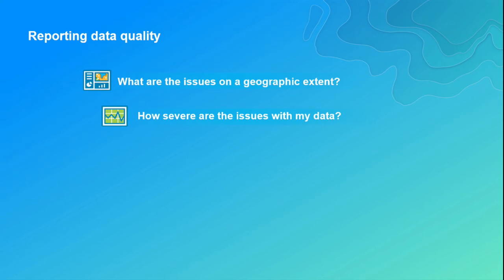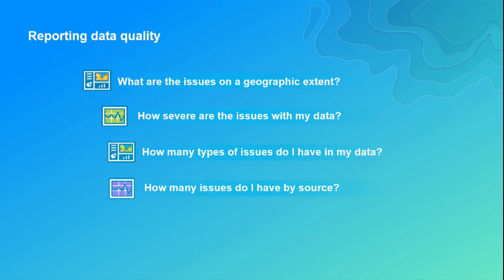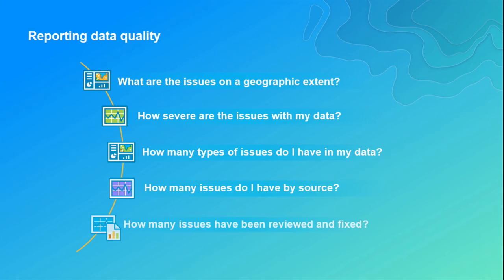We can also find what the severity level of each of those issues identified is. We can summarize by the type of issues you find in the data. We can also summarize issues based on the type of data that you have in your data model. The last one that we could do is manage the life cycle of that issue by identifying whether the issue has been reviewed, fixed, or verified during this process.